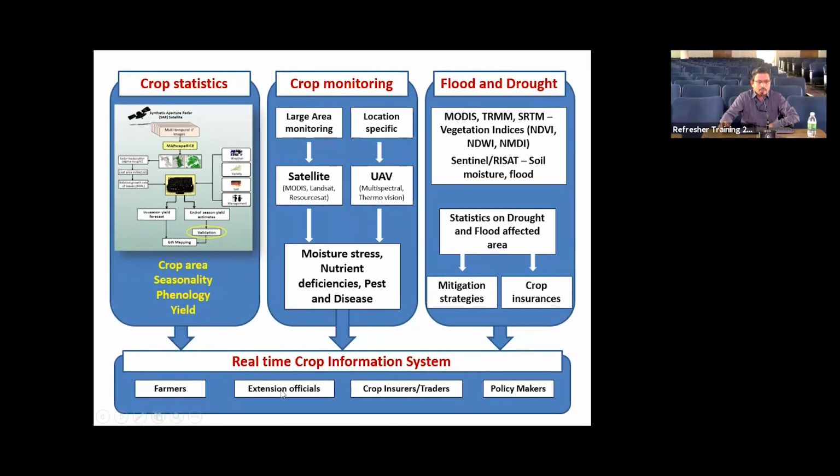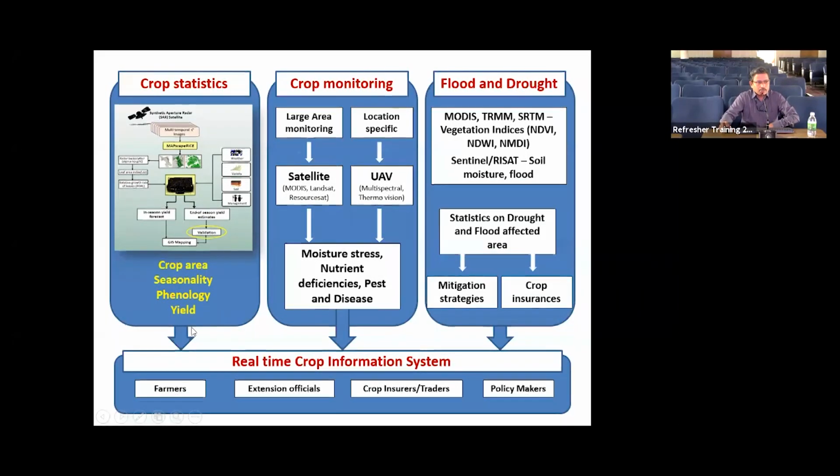These data are real time. We can get the data quickly, and it is readily available for use by farmers, extension officials, crop insurance companies, as well as policymakers, that is the government.